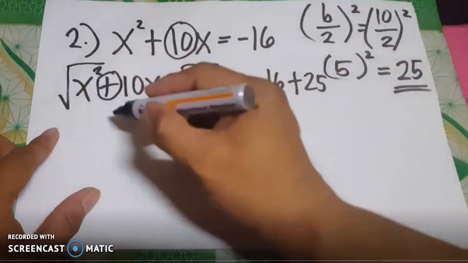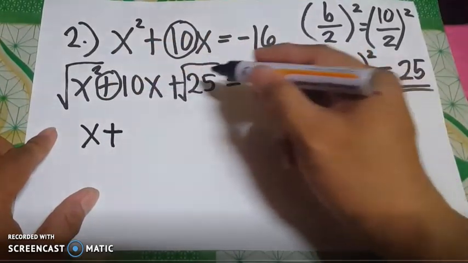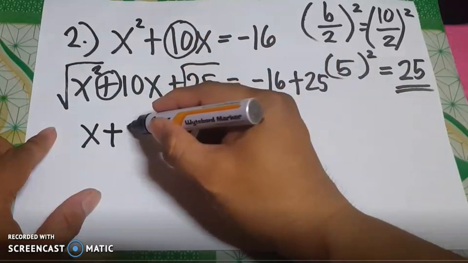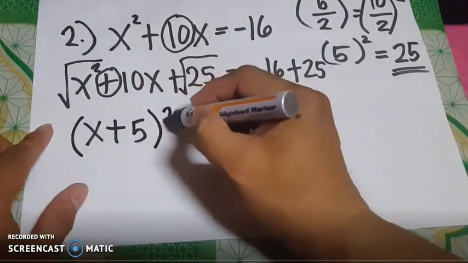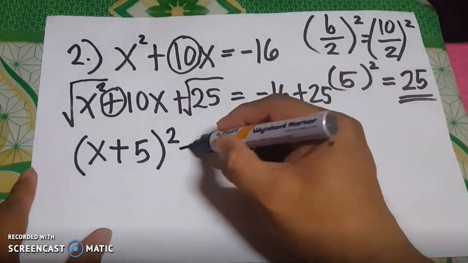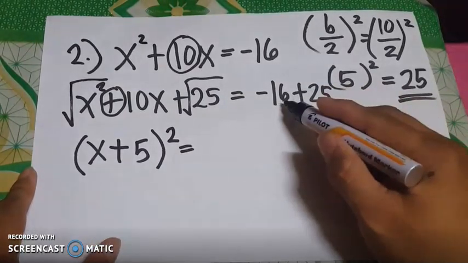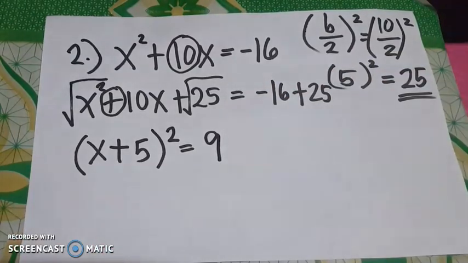So we do have square root of x squared is x, the operation of the middle is plus, but the square root of the last term is 5. Then quantity squared. So, its factors are square of binomial. Then it will be equal to negative 16 plus 25 is equal to 9.